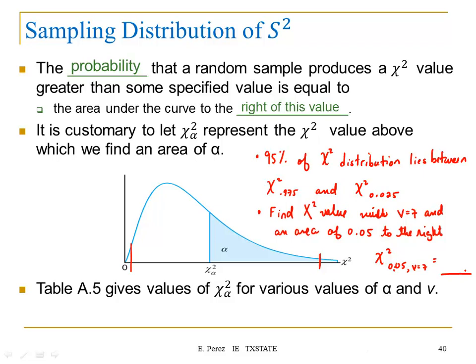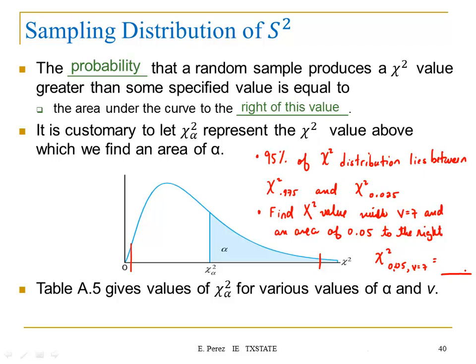In this case, we have v equals 7. You search down until you find 7. As with the other tables, the value that you're interested in is the one that intersects between the column of the probability and the row of the degrees of freedom.